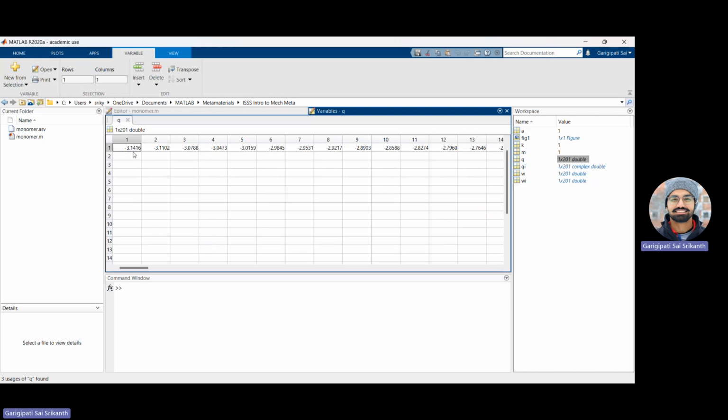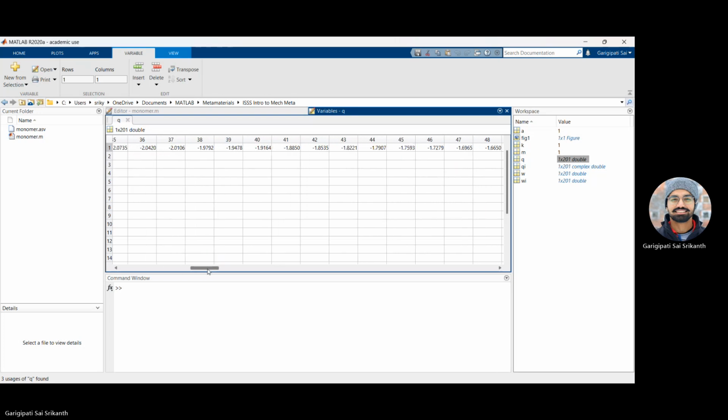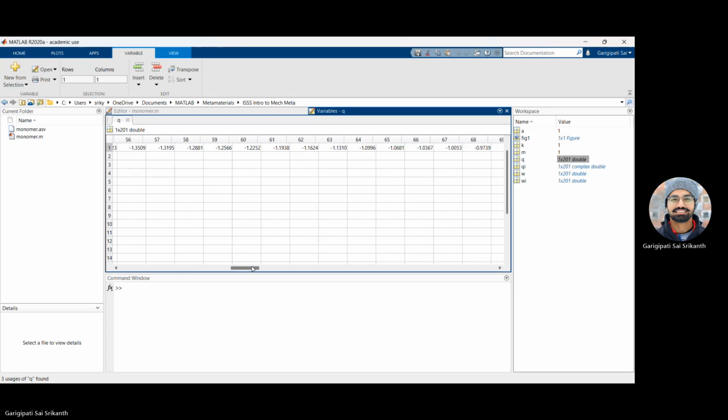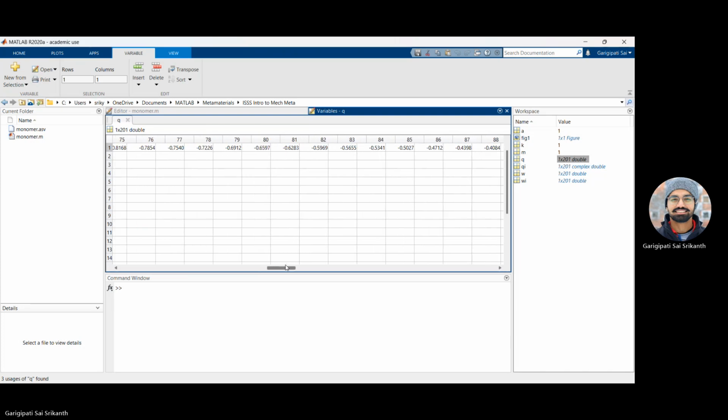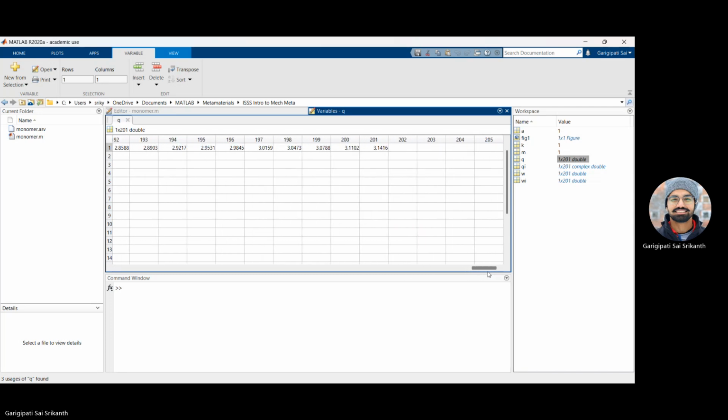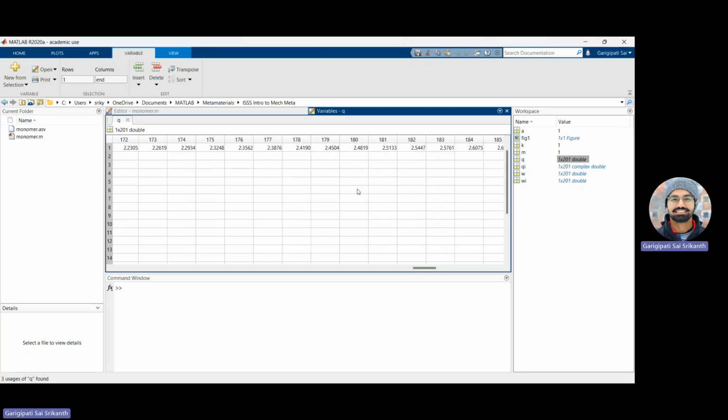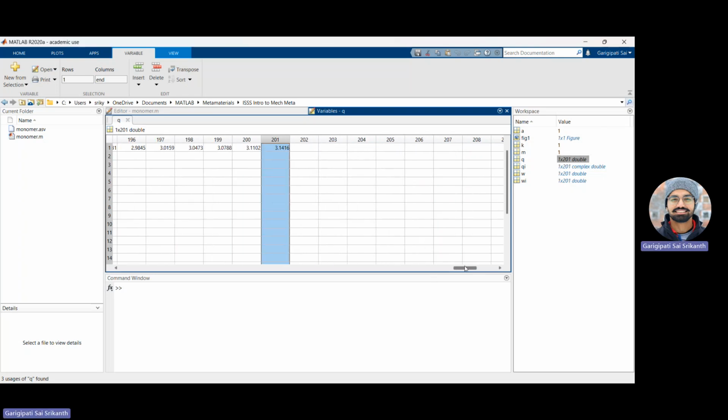We see that it is going from minus pi by a, since a is 1, minus pi, to the 201st, again pi by a.